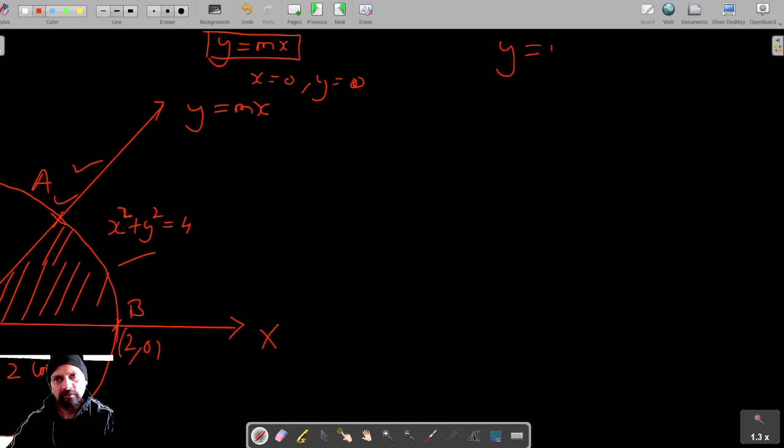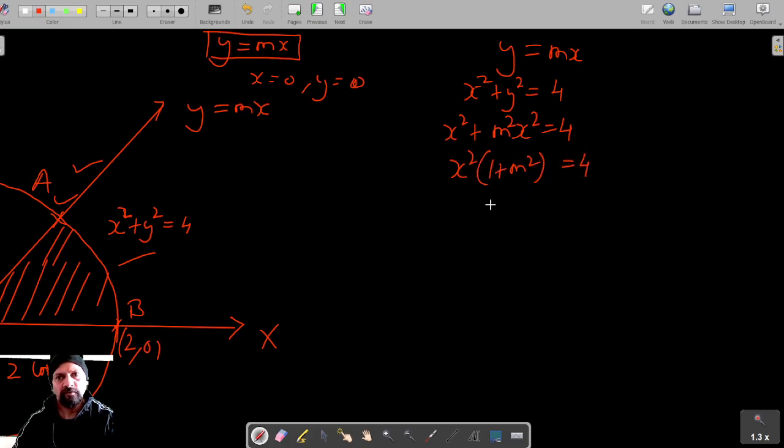The line's equation is y is equal to mx, and the circle's equation is x square plus y square is equal to 4. If we put the value of y here, we get m square into x square plus x square is equal to 4, which gives x square into 1 plus m square is equal to 4.